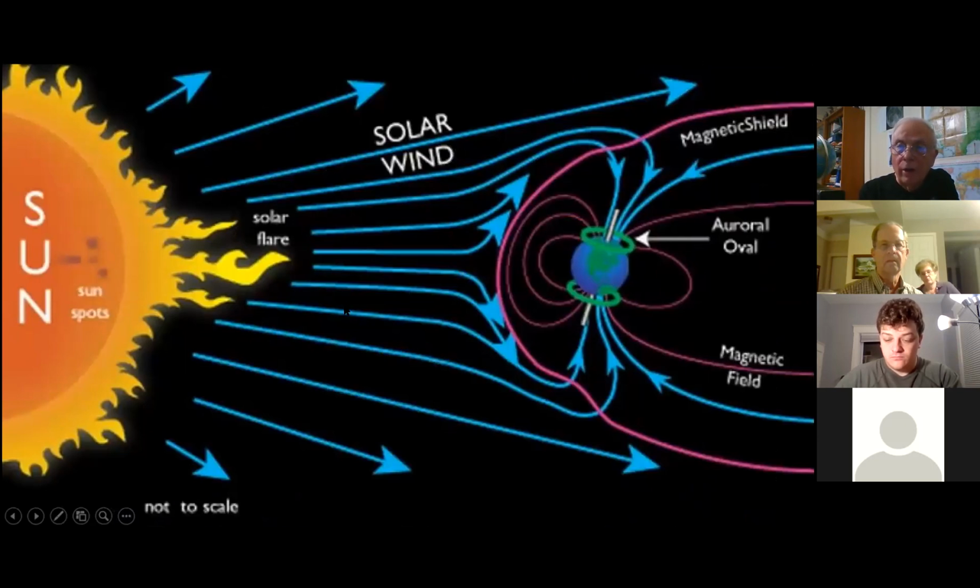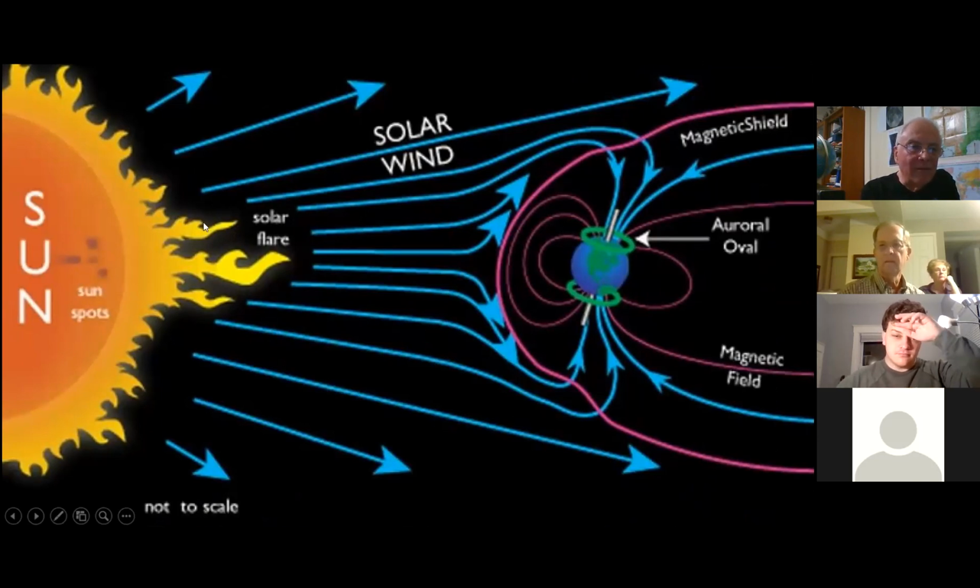Now, we are very fortunate that we have this magnetic field, because the magnetic field acts as a shield. Most of the solar wind is deflected away from the Earth and never makes it down to the surface or into our atmosphere.